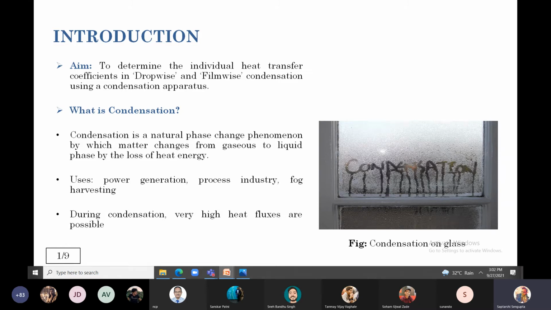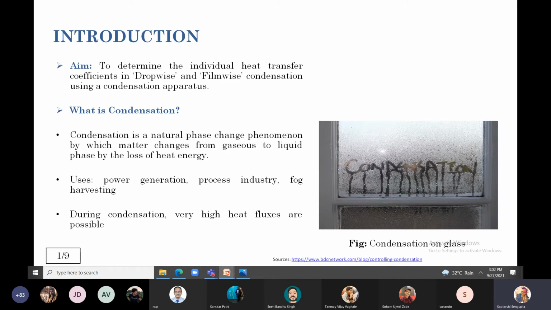As a result, since it's a natural process and has very high heat fluxes, it finds several uses in the industry, such as in the power industry. It can be used for cooling processes, in the process industry, and also in fog harvesting. There are several other industries which extensively employ this process of condensation in various practices.